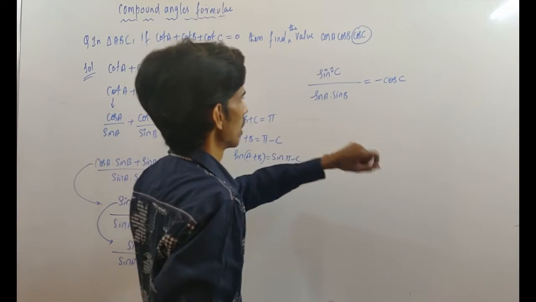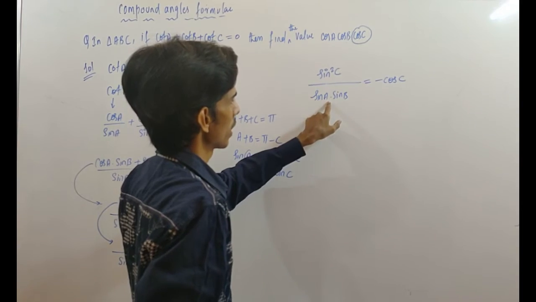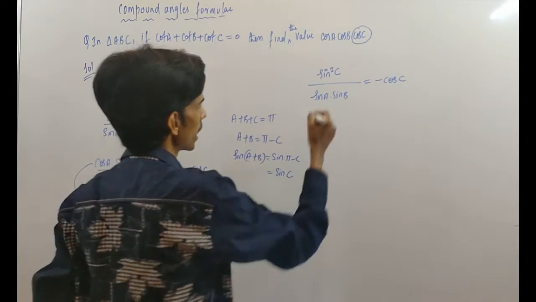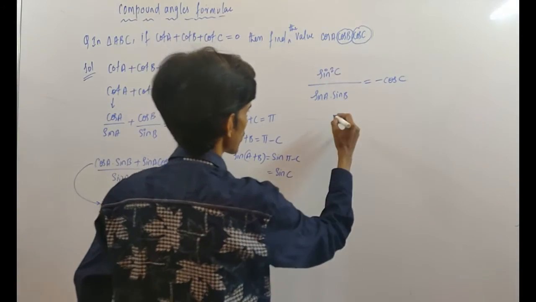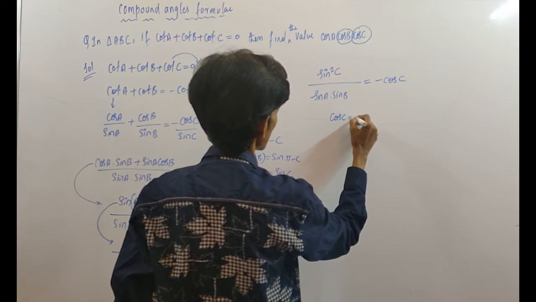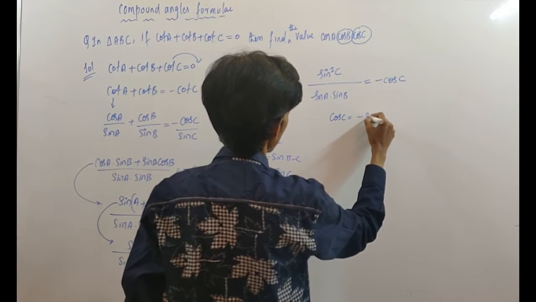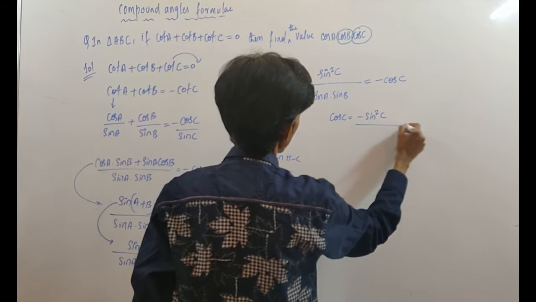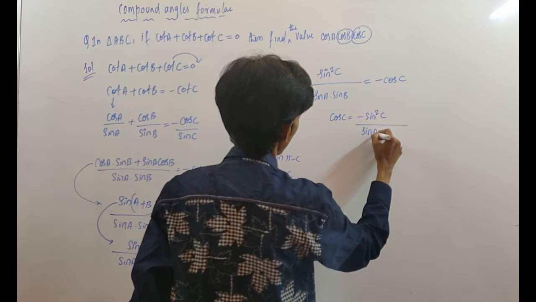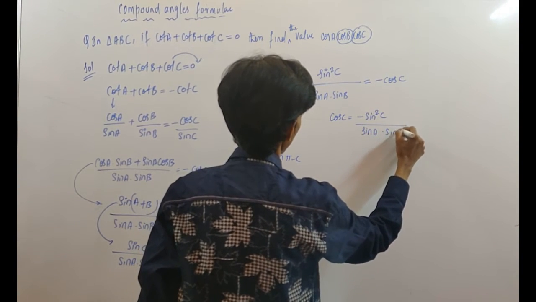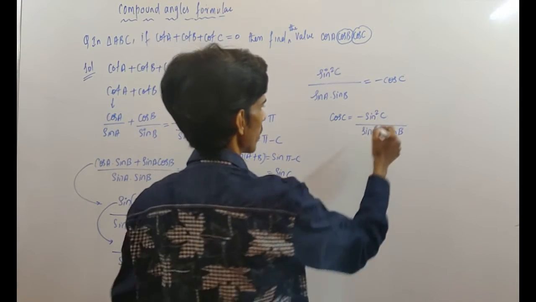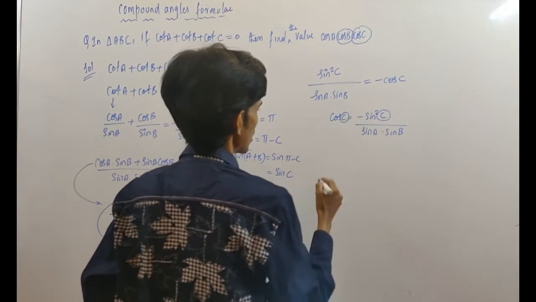Cos C value is minus sine square C divided by sine A sine B, sending the minus here.